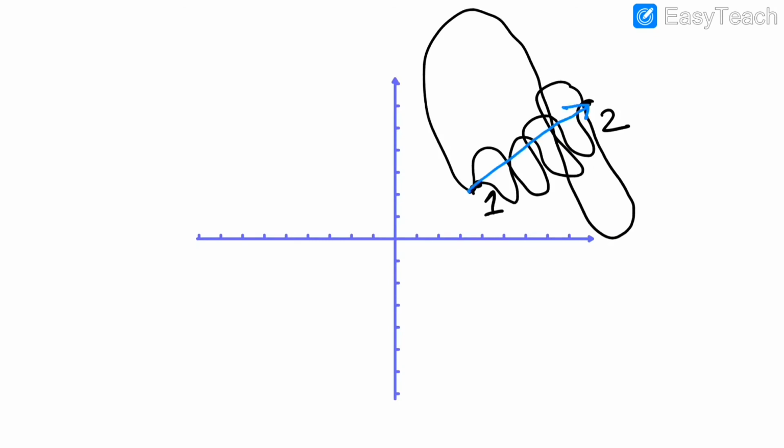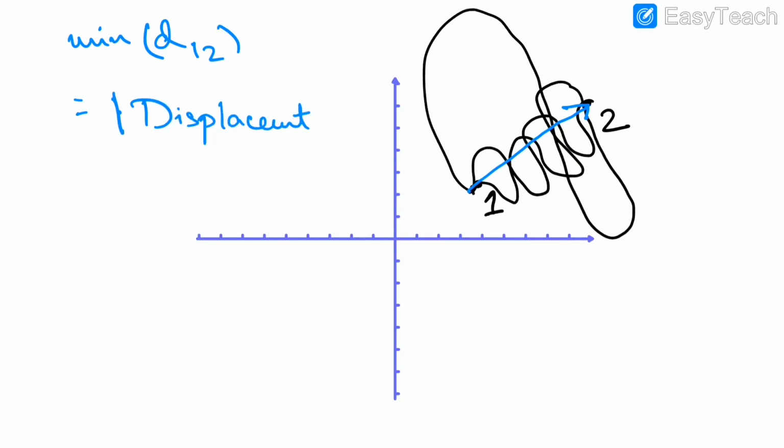It is this straight path from point 1 to point 2, which is the magnitude of the displacement. So the minimum of the distance is d12, the modulus of displacement. Just ponder on it.